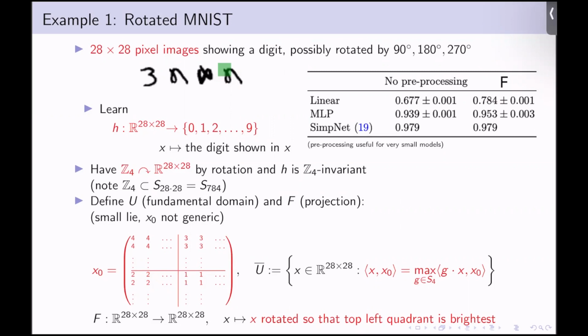It turns out this kind of helps the linear classifier, so performance increased by 11% or so. Very mild performance gain for the shallow neural network and no performance gain for the deep neural network.